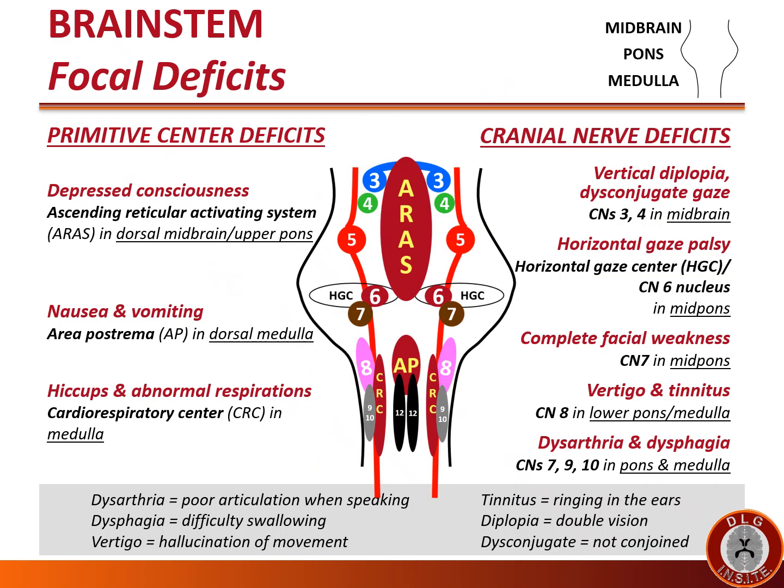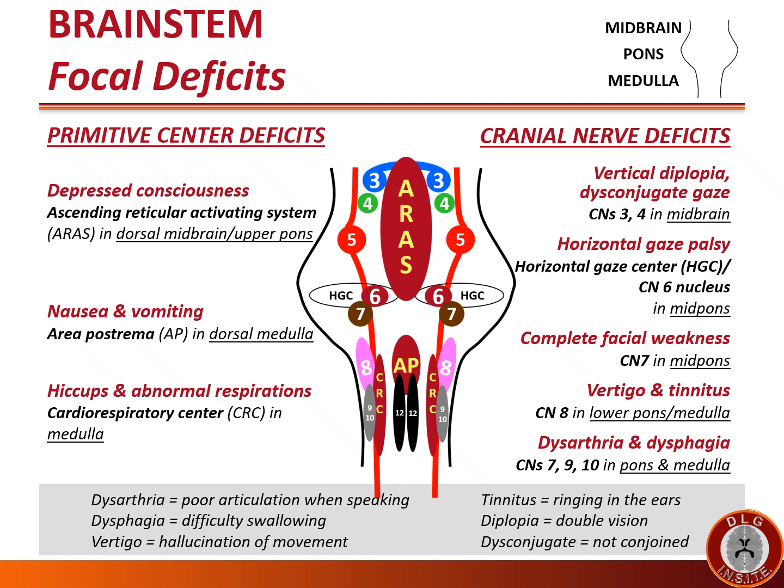There are two main types of focal deficits in the brainstem: primitive center deficits and cranial nerve deficits. To recall, there are three components of the brainstem. More rostrally is the midbrain, then the pons, which is the fatter, wider middle section, the bridge to the medulla, which is narrower and more caudal, running into the spinal cord.